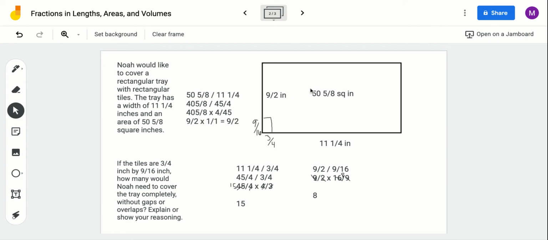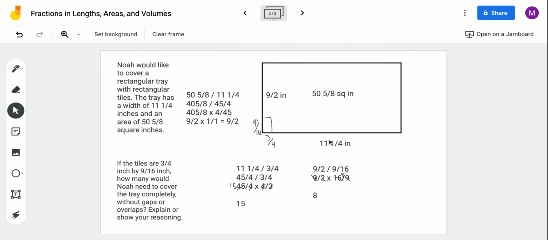So I started with the area on one side of this, and I divided the area by the side to figure out the other side. Then I divided this side by the length of this little tile to figure out that there will be 15 tiles across here. Then I divided this side by the width of the tile, and I figured out that this is going to be 8 tiles tall.